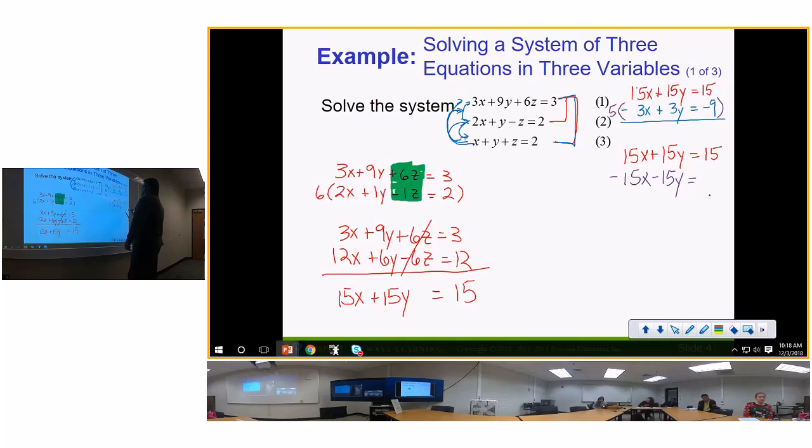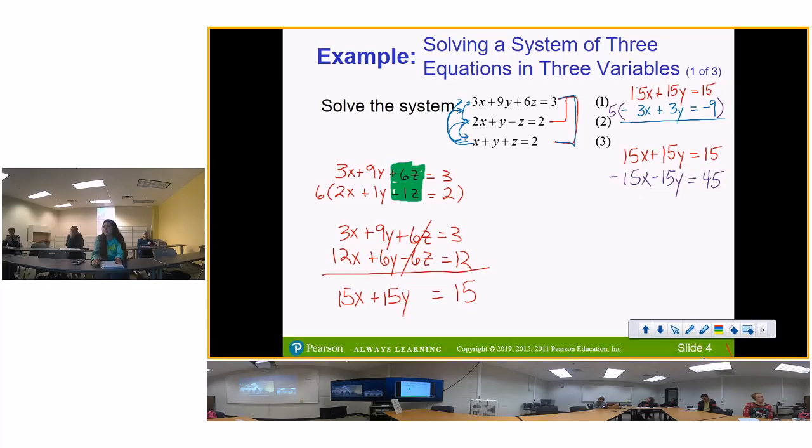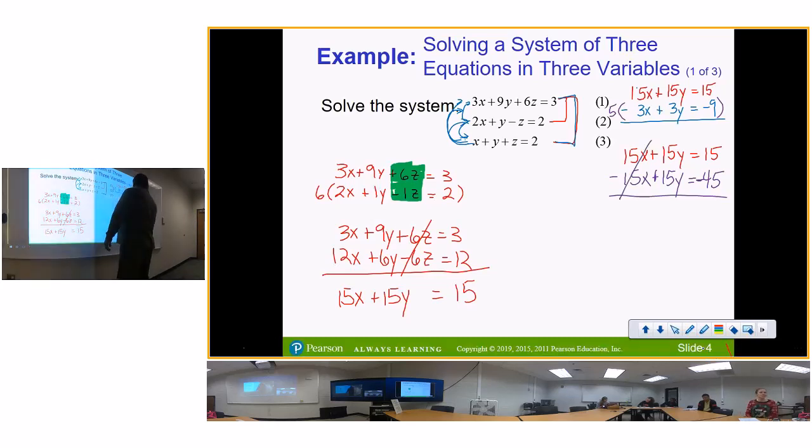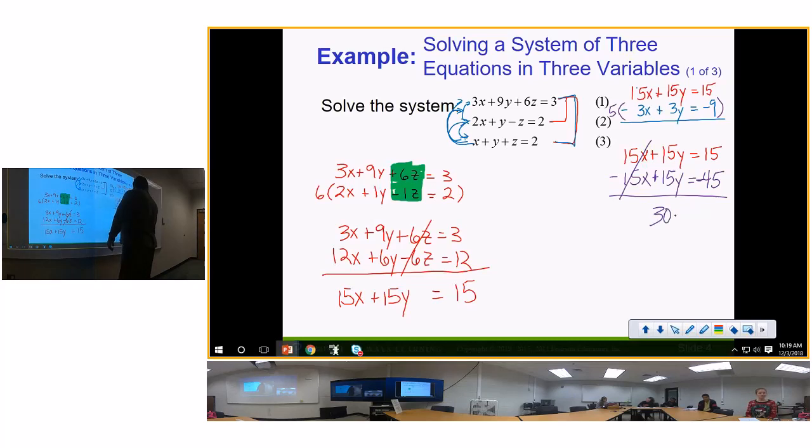Positive what? 45. Uh-oh. Is it positive or is it negative 45? Positive 15 and negative 45. Okay. And what happens to the 15x's? They cancel, and you're left with 30y equals negative 30, and y is equal to what?